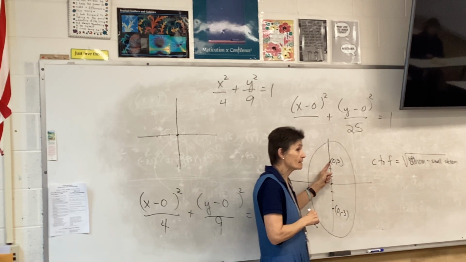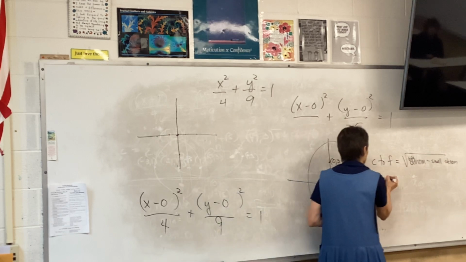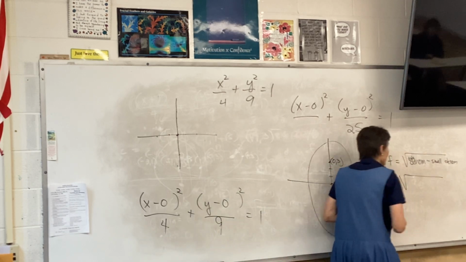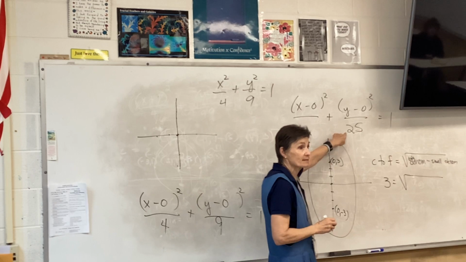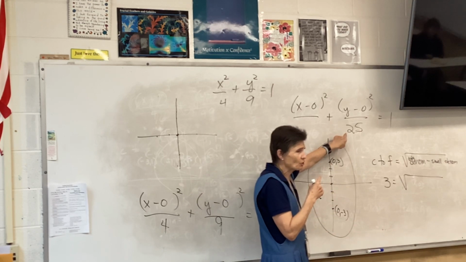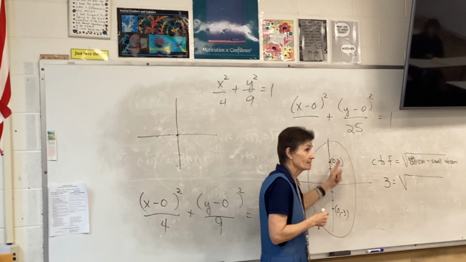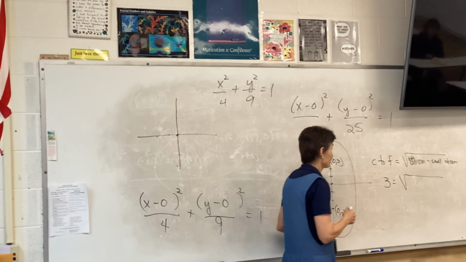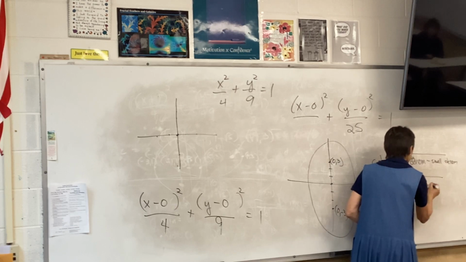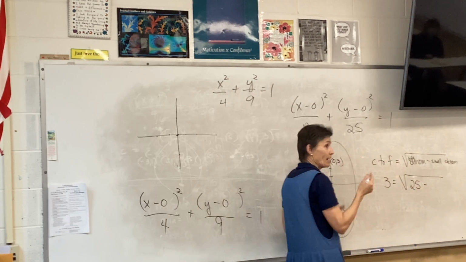Yes, that distance is 3. Do I know my big denominator? Yes, it's 25. How do you know that's the big one? Remember, this is the major axis, so that's going to be the big one. I do not know that number, so I'm going to put an N here.